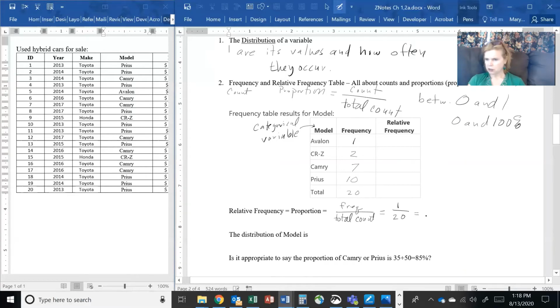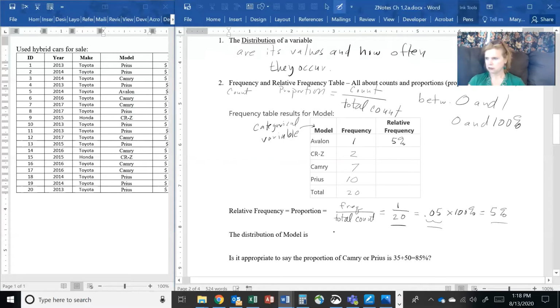So that is going to be 0.05. And if I want that in percent, I just multiply by 100%, or I move the decimal 2 places, 1 and 2. So this is 5%. So in this relative frequency, I could write either 1 over 20 or 0.05 or 5%, and they would all mean the same thing. All 3 of those numbers are equal to each other. So I'm going to write 5%.